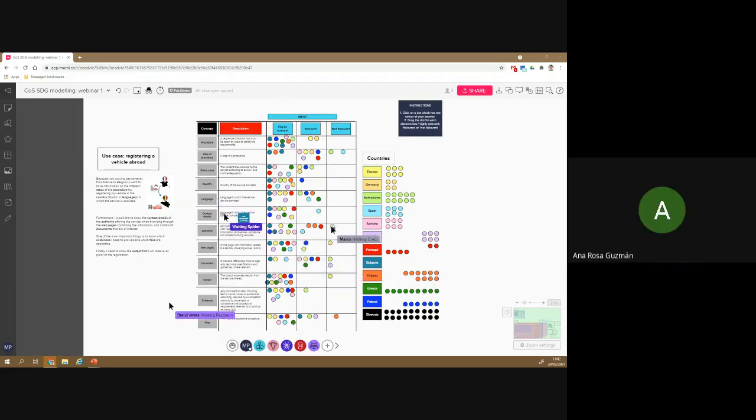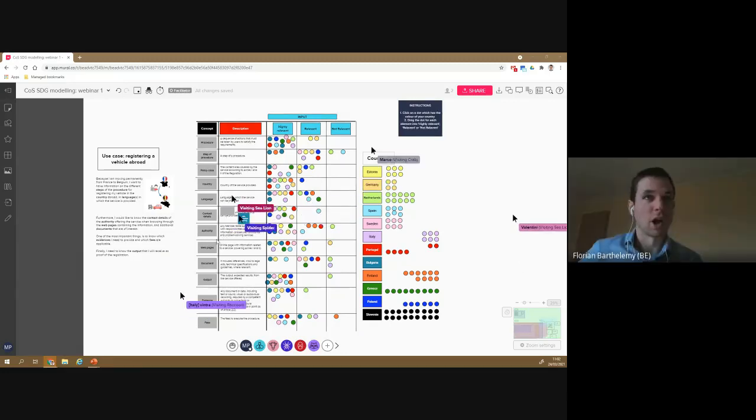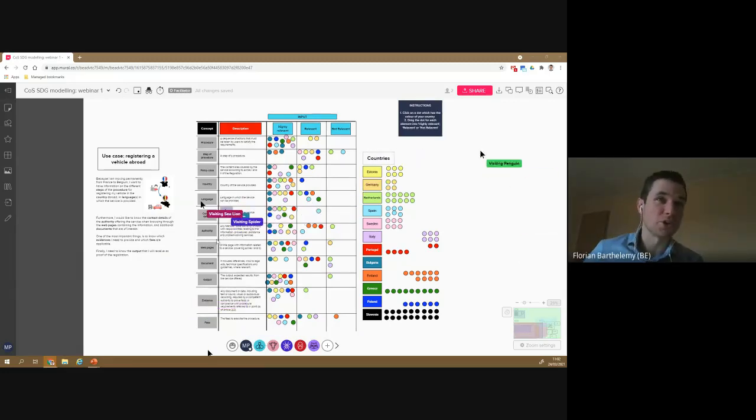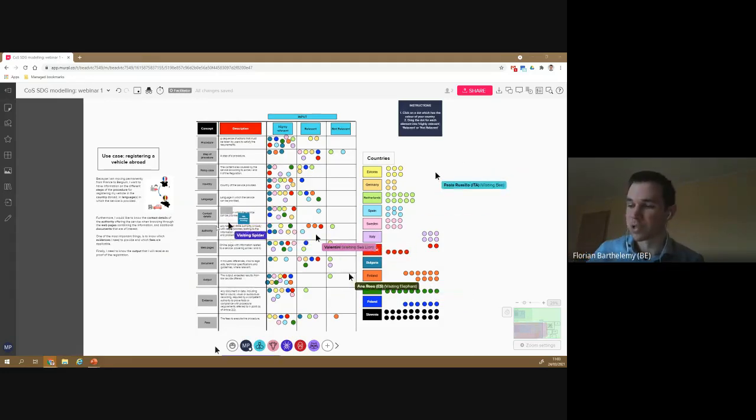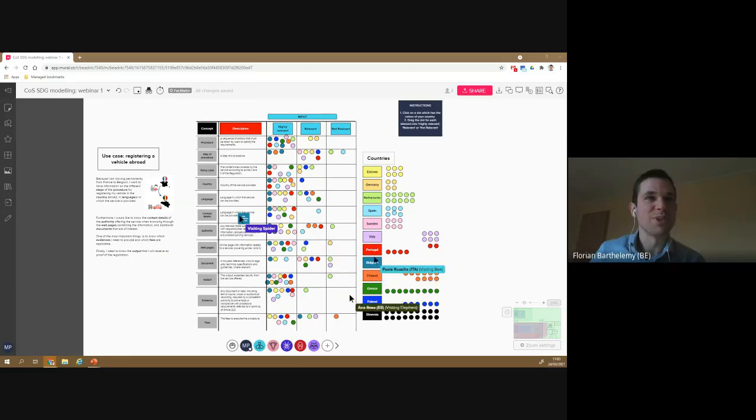So I miss the geographical scope of the procedure here. Yeah, and that could be covered by country, or by a mix between the authority and the country in which it represents the authority. You get my point.